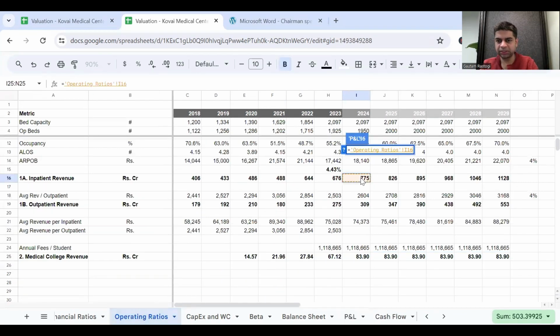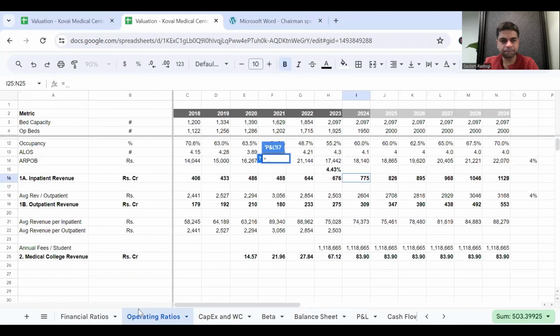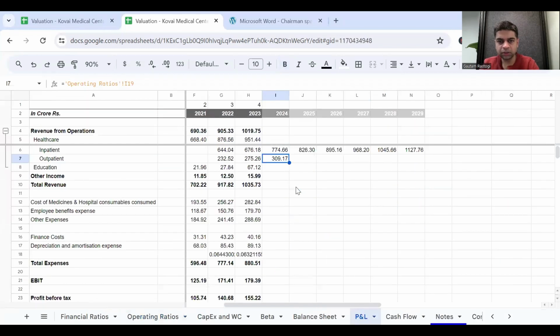So the inpatient sales is this. Let me drag it. And let me pull the outpatient sales as well. This is this one. And let me drag it. And then this is the total healthcare sales.